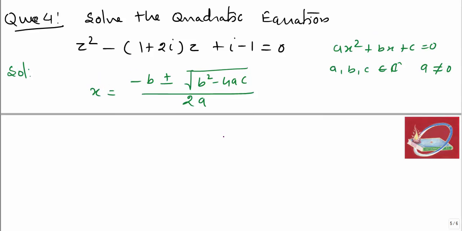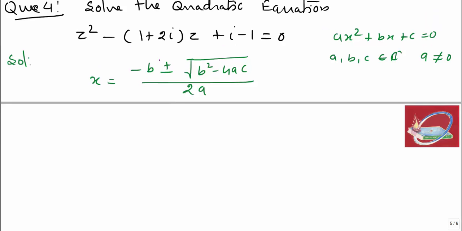We can split the given equation in two parts. By factorization method we can solve this equation as well. Yes, we can go with this formula, but before moving on to it, let us observe this equation. What we have is iota minus 1 as c.